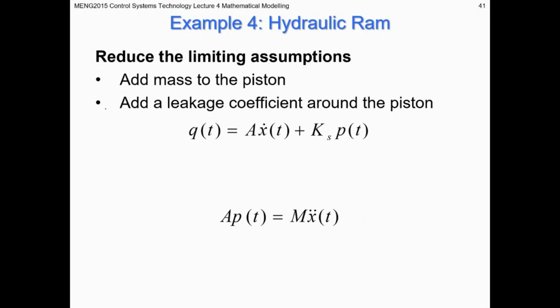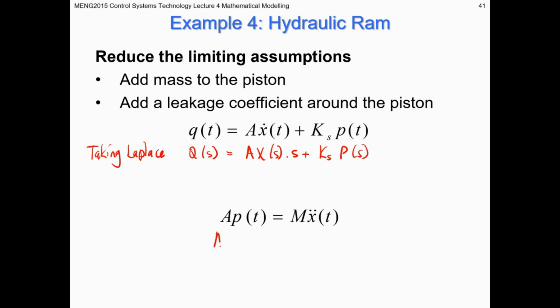All right, so let's take the Laplace of each of these. So you have Q of s equals A x of s times s plus k P of s.